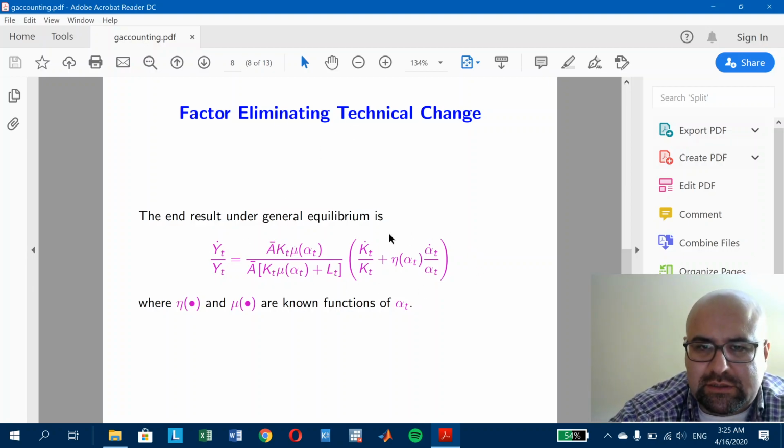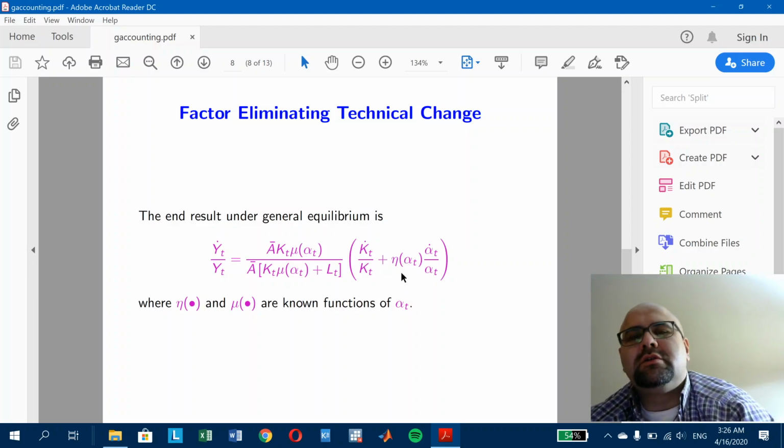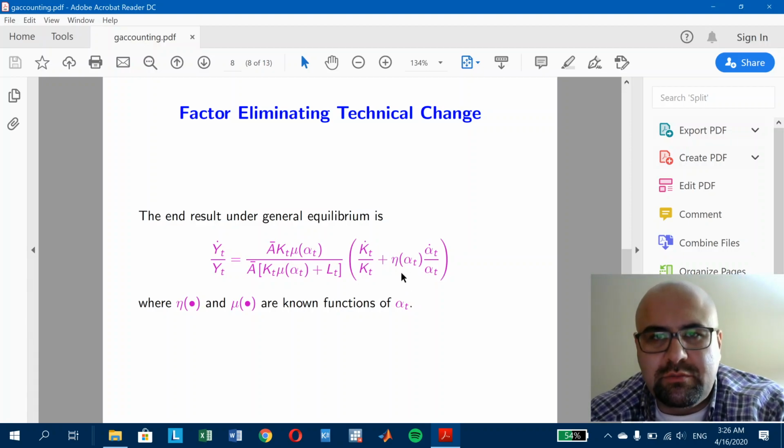this is the formula that explains the growth rate of aggregate GDP as a function of growth rate of capital stock and the pace of increase, the growth rate of alpha t term as well. All right. So that alpha t term and these functions mu and eta are endogenously determined within the equilibrium, within the general equilibrium of the model.